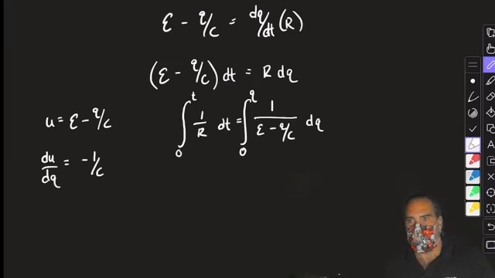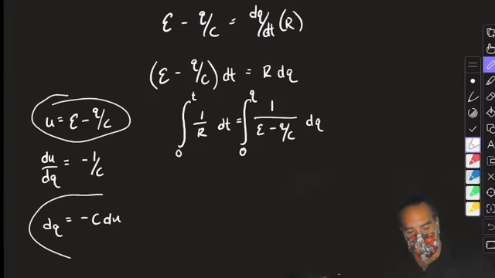Questions about that? I'm going to solve that for dq. And I'll get negative C du. And now I have two things that I can substitute. We all okay with that too?